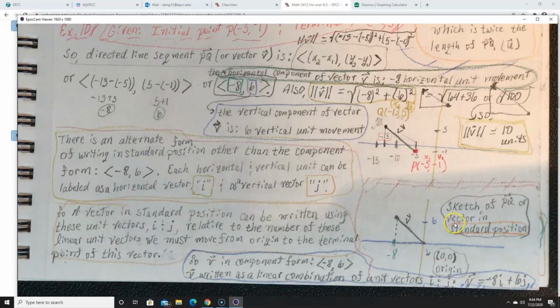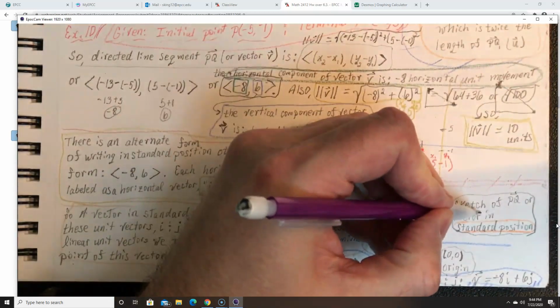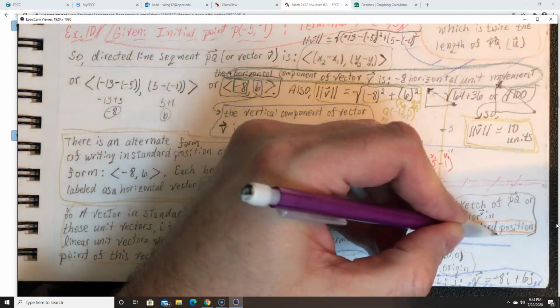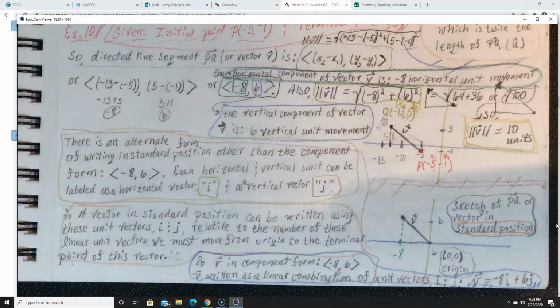So look down here. It's the sketch of vector PQ, this one, or vector V, I should have written here, in standard position, which means the initial point is at the origin, where the x and y axes meet, the origin, 0, 0.